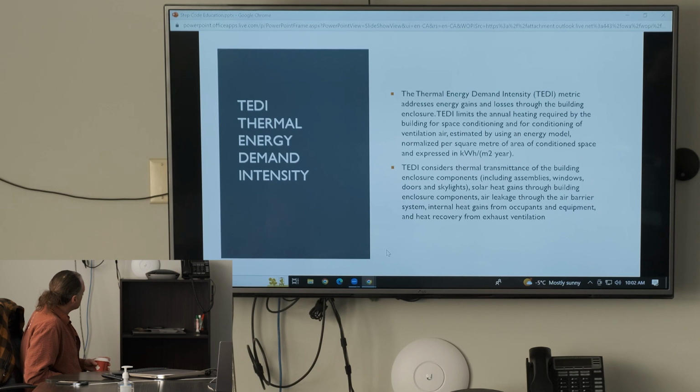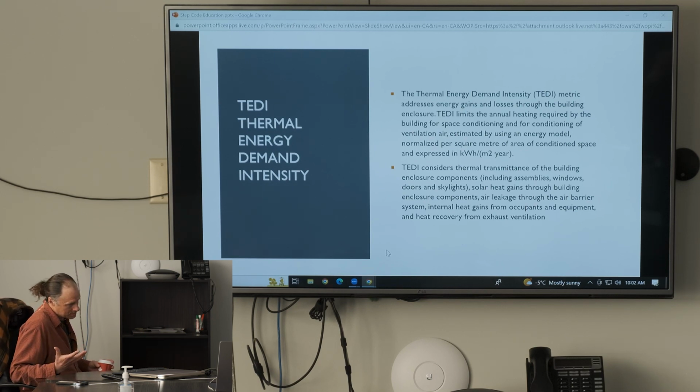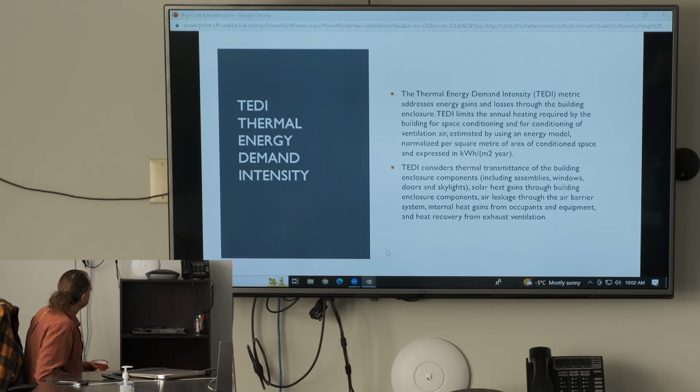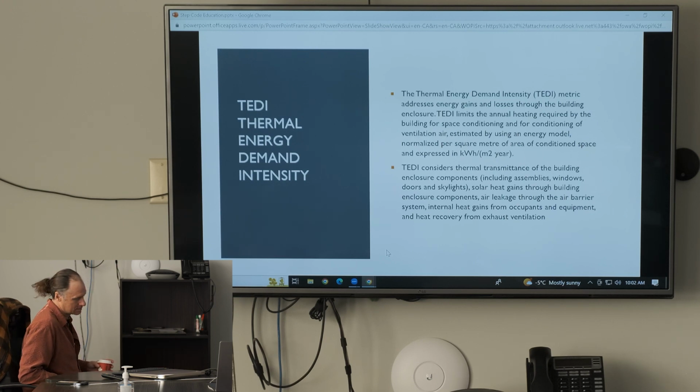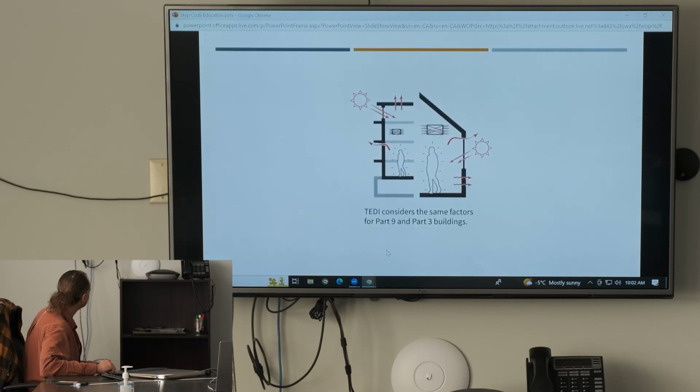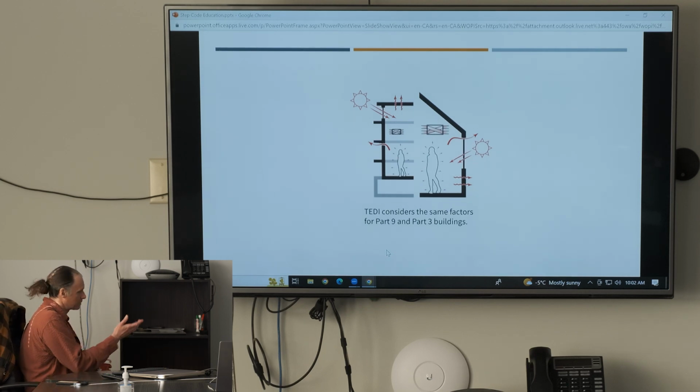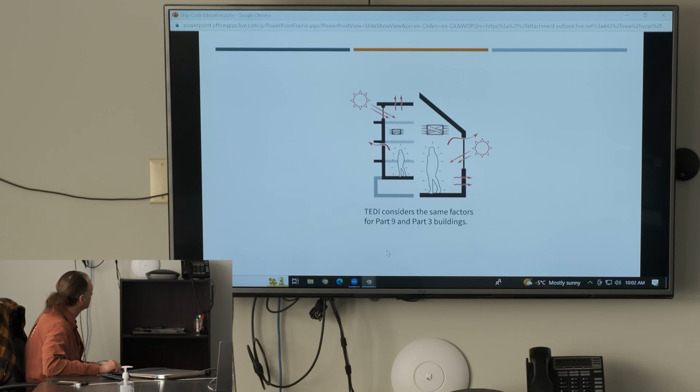TEDI considers thermal transmittance of the building enclosure components, including assemblies, windows, doors, skylights, solar heat gains through building enclosure components, mostly windows, air leakage through the air barrier system, internal heat gains from occupants and equipment, and heat recovery from exhaust ventilation. So it considers the same factors for Part 9 and Part 3 buildings. That's going to be the same there.